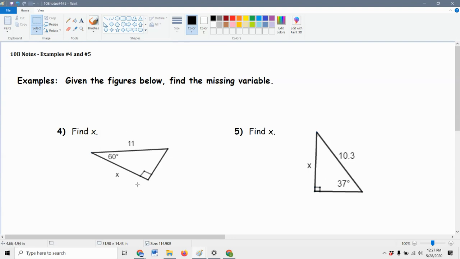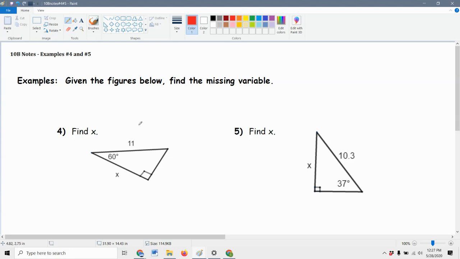So here we have a right triangle, and we only know the length of the diagonal, or the hypotenuse, and the measure of this angle, okay?